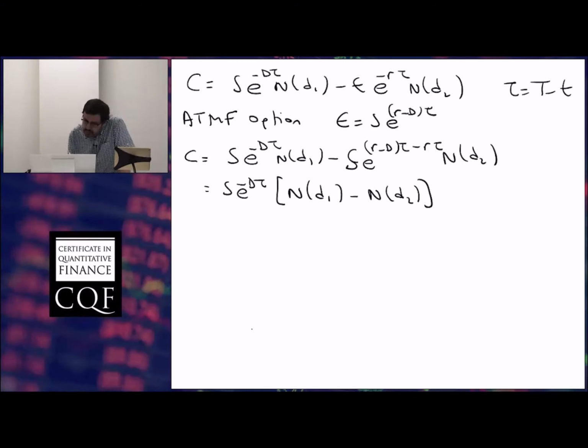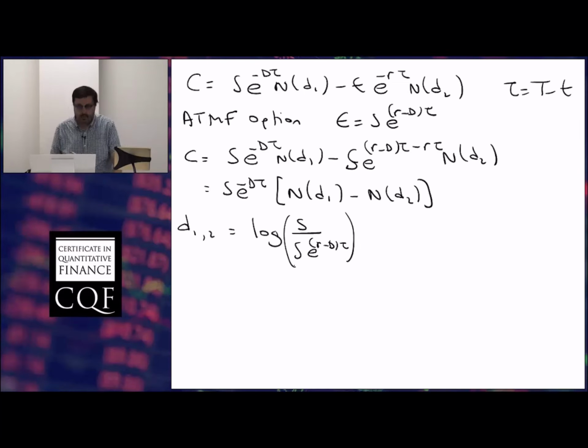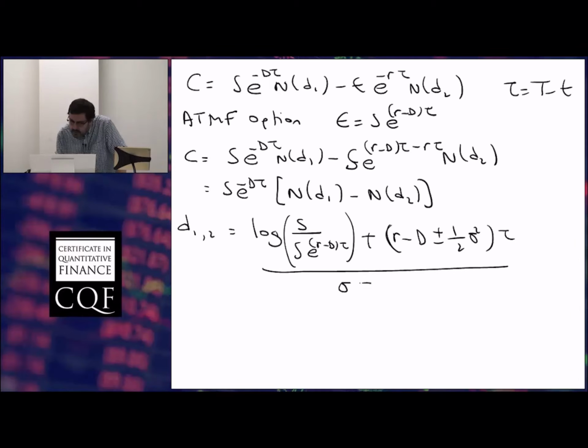So here's d1, d2: it is log of S over E, and E is S e to the (r minus d) tau, plus (r minus d) plus or minus a half sigma squared, times tau, over sigma times the square root of tau.